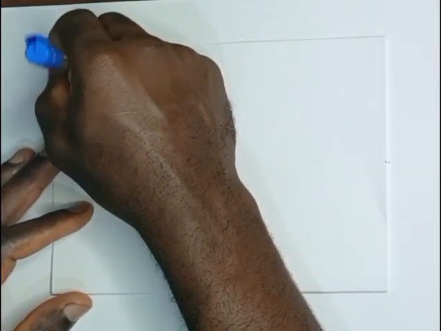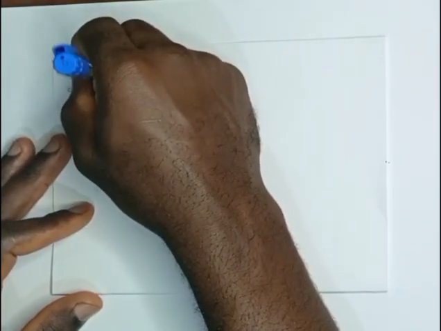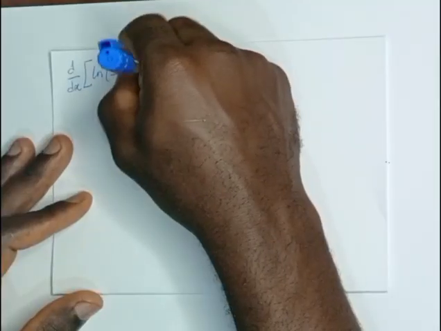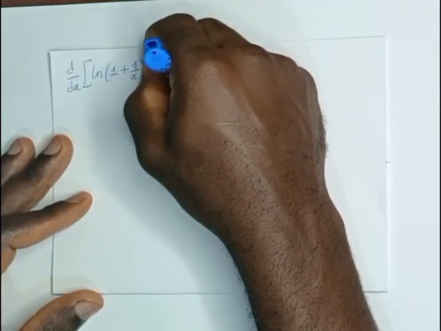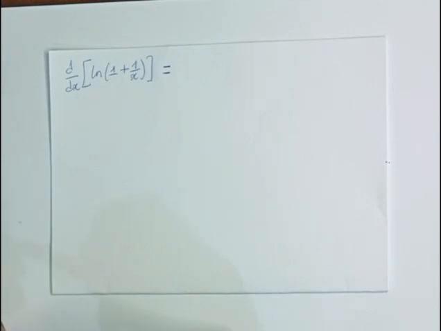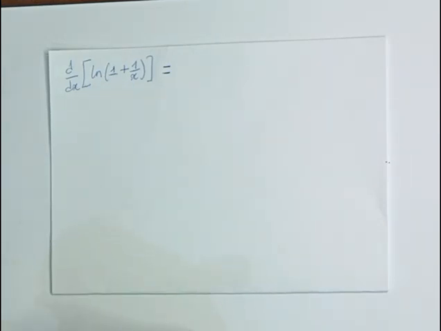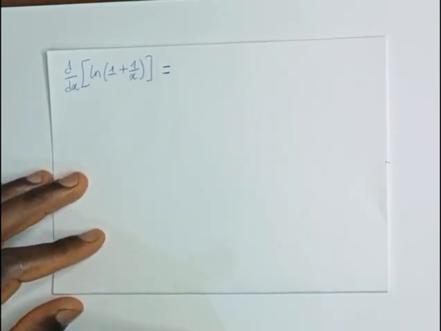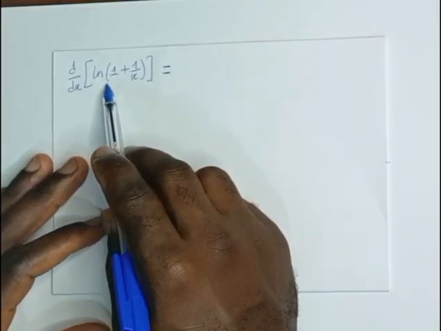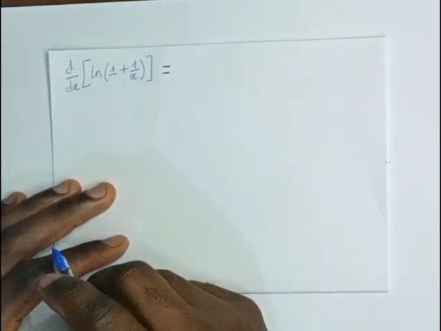Differentiating the numerator, d/dx of ln(1 + 1/x), we are differentiating a ln function, and the derivative will simply be equal to the derivative of what we have in the bracket, divided by what we have in the bracket.